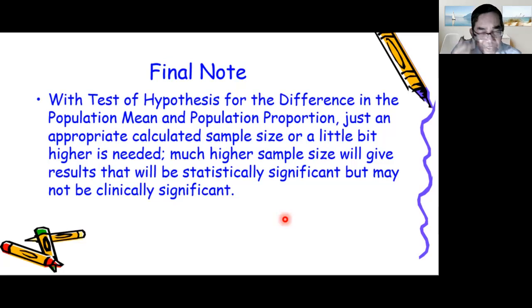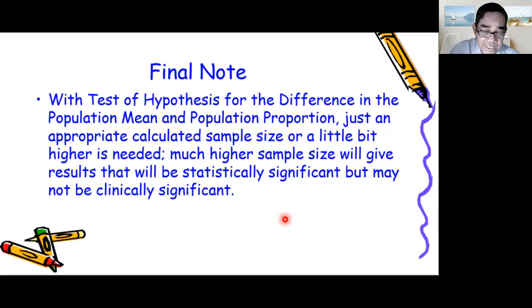For example, the difference of 118 and 119 millimeters mercury for systolic blood pressure will still be statistically significant. But the difference between 119 and 118 is not clinically significant. And yet, with much larger sample size, the difference can be statistically significant.